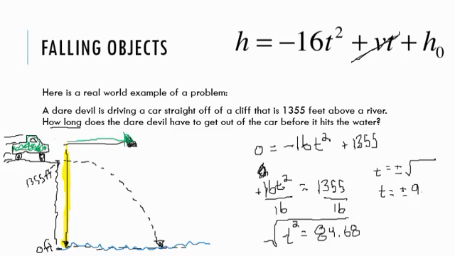Remember, we don't want the negative part, we only want the positive part. So it will take about 9.2 seconds to fall. That means he has 9.2 seconds to get out of that car before it hits the water.